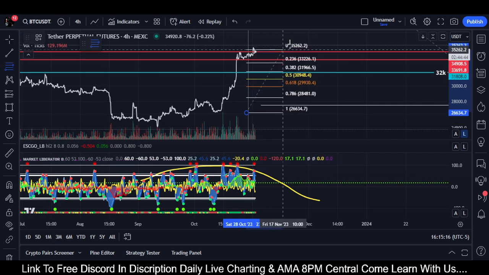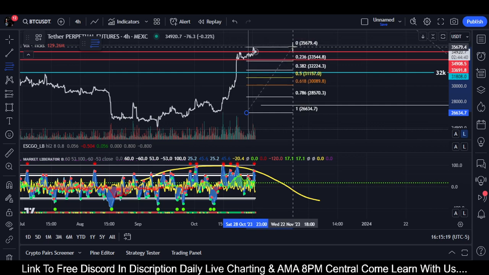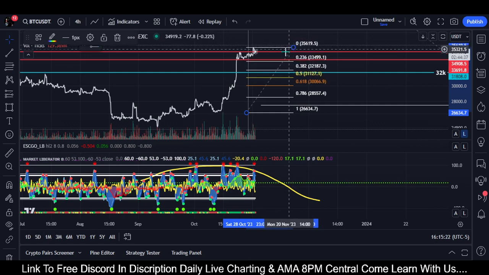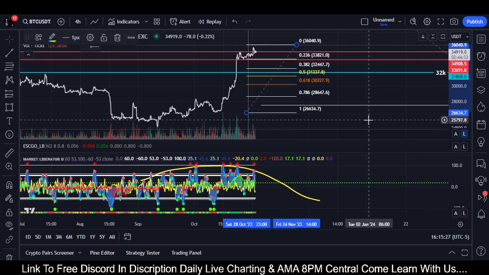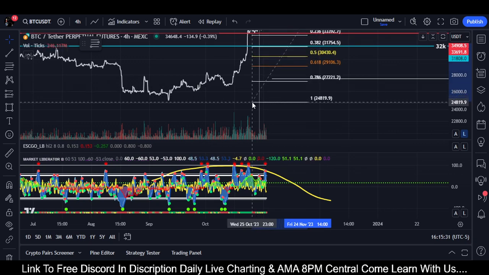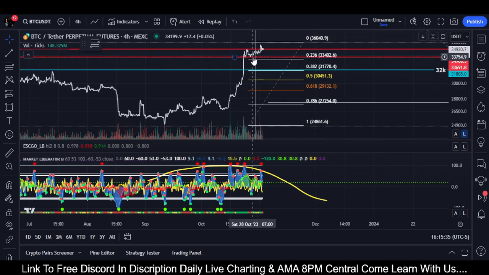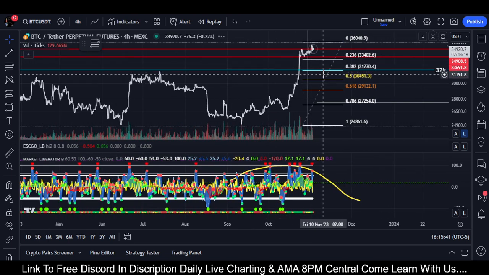We'll take this local. 50% retrace is coming out below the high. But if we consider the whole pump, let's take the whole thing. The 236 coming out, which is about a quarter, and we got about a third. I like that 382 there.